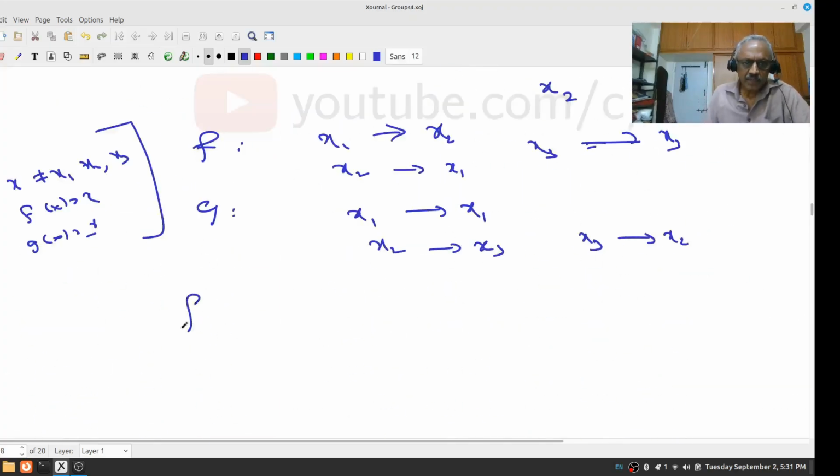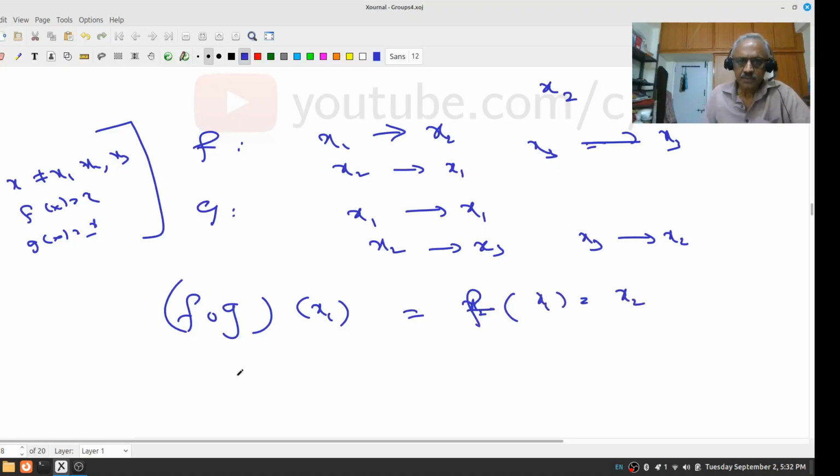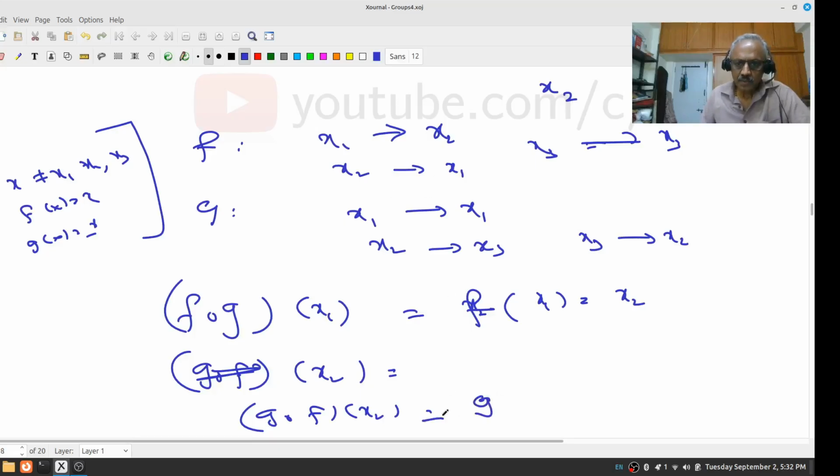Now let's look at what happens with f composite g of x1. So x1 goes to x1 under g, under f it goes to x2. This is f of g of x1, g of x1 is x1, but f of x1 is x2. Let us look at what is g composite f of x2. Sorry, g composite f of x2. F of x2 is x1, and g of x1 is x1.